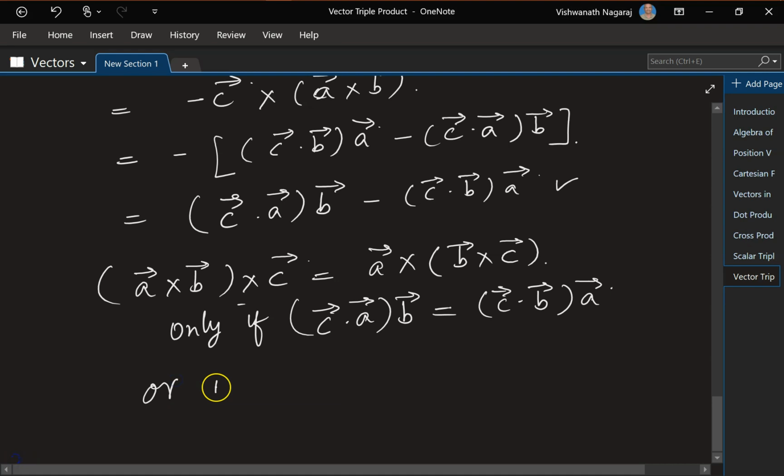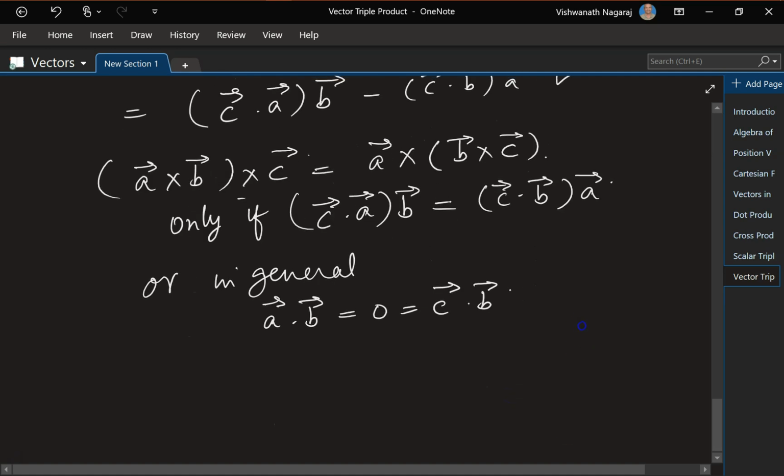Or in general, given three vectors A, B, C, A dot B is equal to 0 and C dot B is equal to 0. Now this would be possible only when B is perpendicular to both A and C.